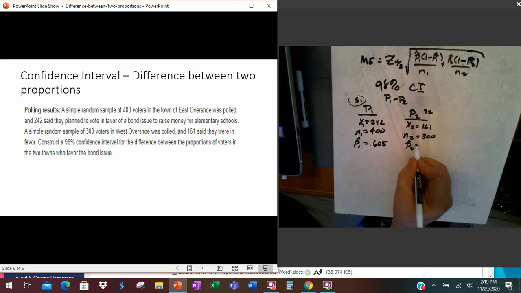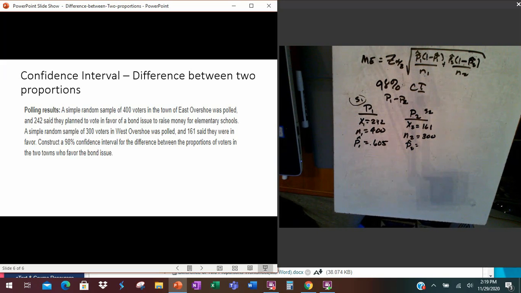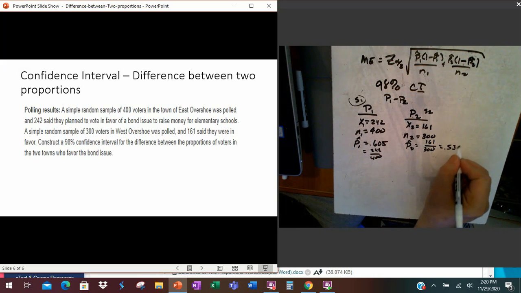Our P2 hat is 161 out of 300, which is 0.5367.